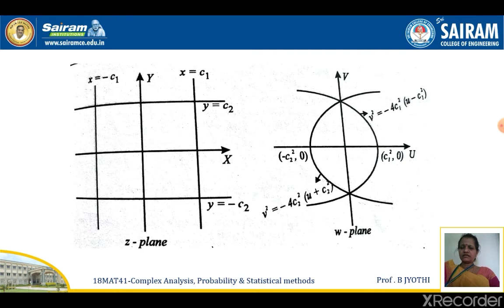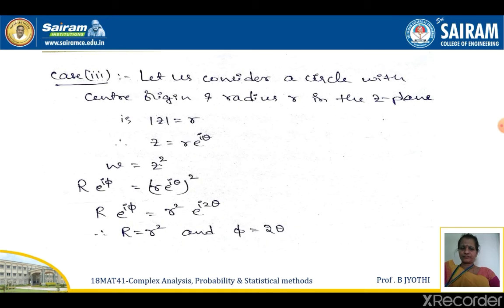When y is a negative constant, then also we are getting a parabola which is symmetrical about the x-axis. So this is about the conformal transformation when we are taking it in Cartesian form.